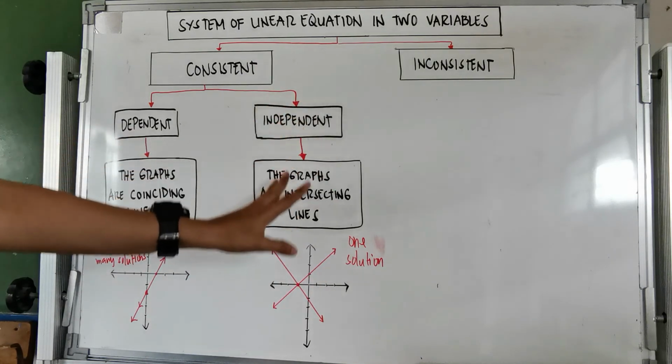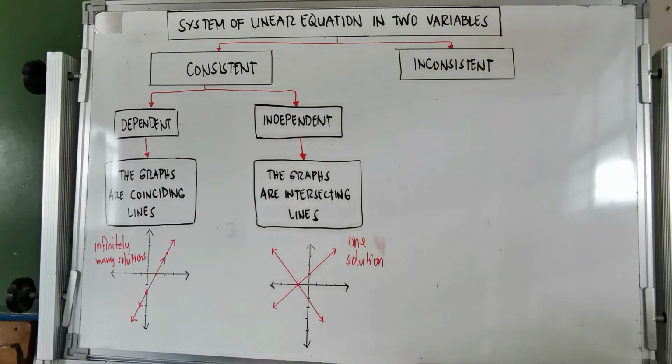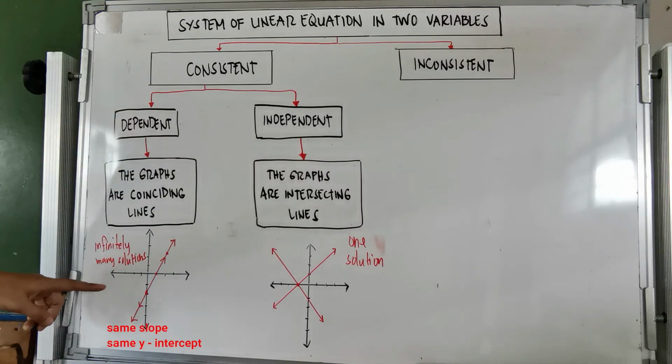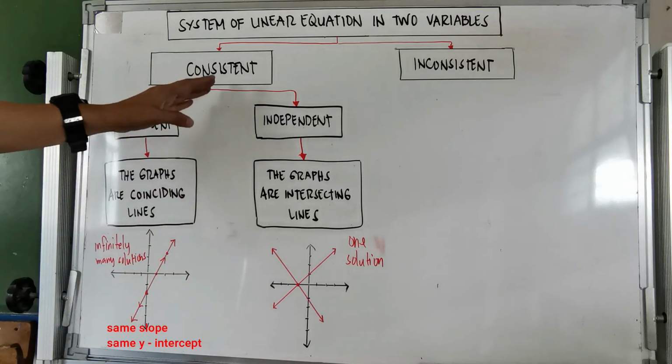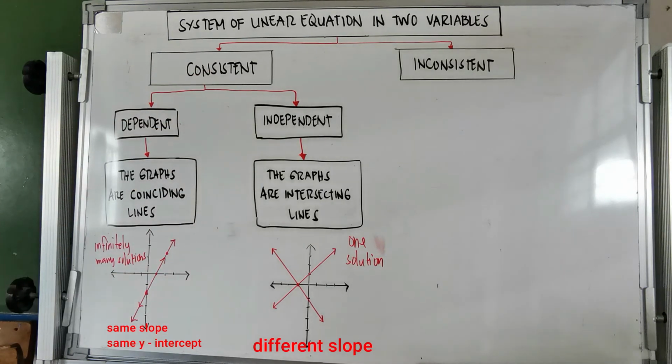So in this system, we have only one solution. And take note also that kapag sinabi natin consistent dependent, we have the same slope and same y-intercept, while in this consistent independent, dito naman ay meron silang different slope.